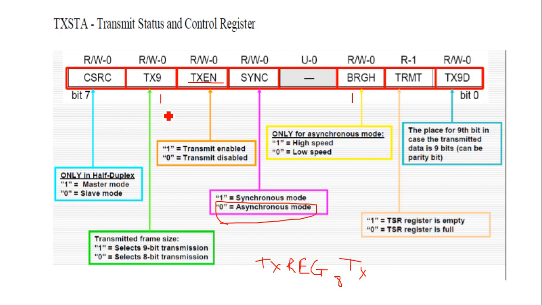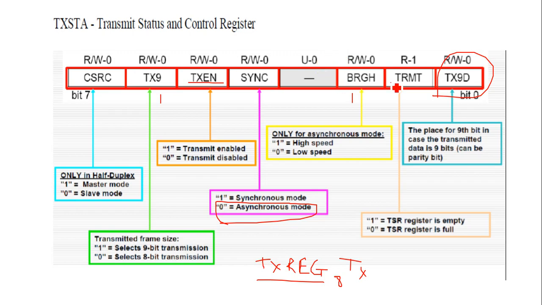The 8 bits will be stored into the TXREG register, and the 9th bit which we have to transmit is placed into the TX9D bit. So the 9th bit will be stored into the TX9D bit.